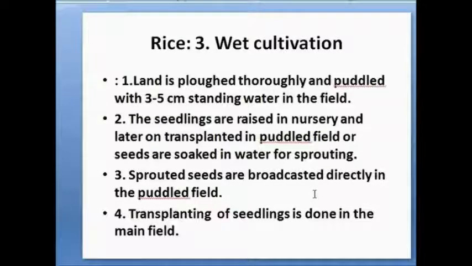But this method, wet cultivation method, gives good quality rice and good production, ample production is available. But the problem is that this requires ample water. Irrigation facilities are also to be made available. This method cannot be used in dry condition or rain-fed condition. So every method of cultivation has advantages and disadvantages.